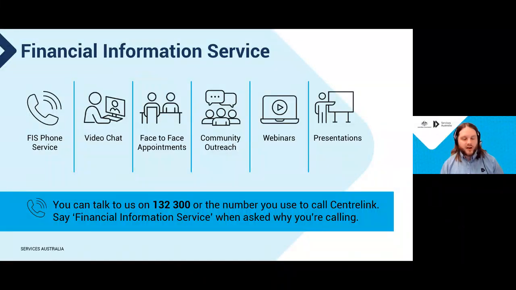We'll aim to try and resolve your inquiry at that first point of contact, but if you have a more complex situation, we can always look at booking you an appointment, whether that be face-to-face in our service centres, or we can have a look at a video chat appointment, which is just like a face-to-face appointment, but from the comfort of your own home over the computer.